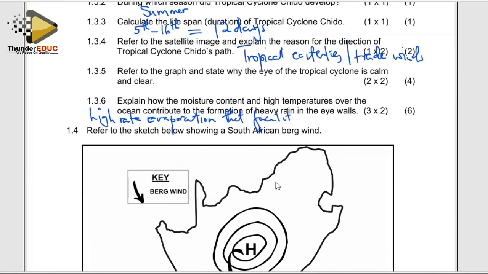Which facilitates cloud formation. And also, if you look at the fact that we have rising warm air, causing large-scale condensation.